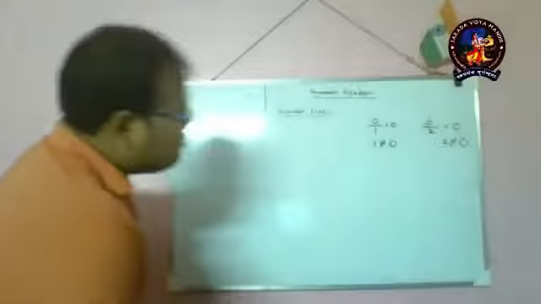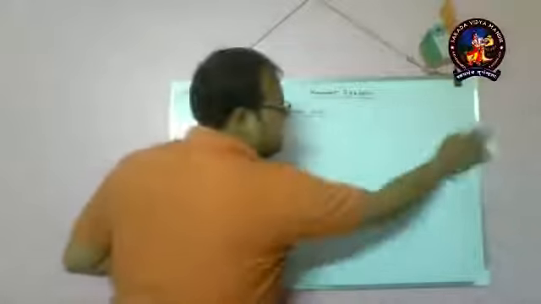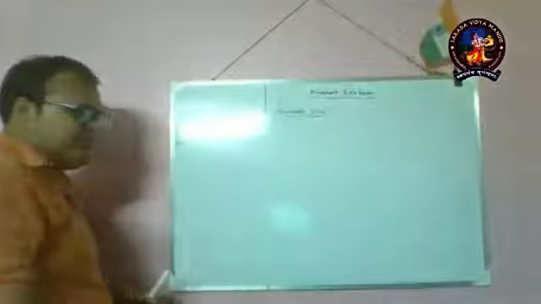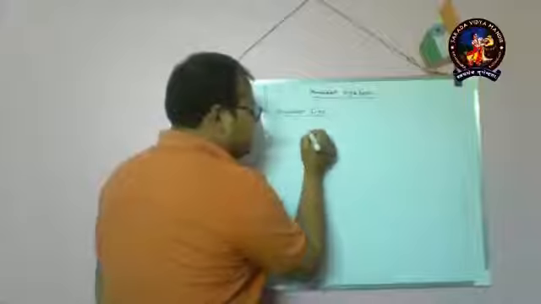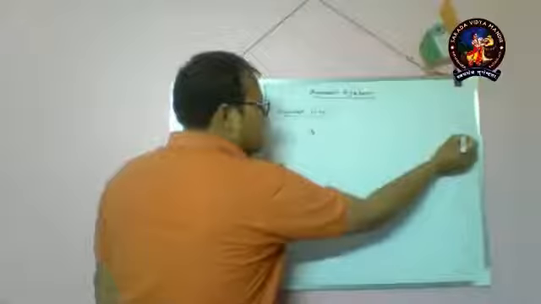Now the next, number 2, find 6 rational numbers between 3 and 4. Here I want to discuss this question. There are many ways to find the rational numbers between two consecutive integers or two consecutive rational numbers. It is given 3 and 4.